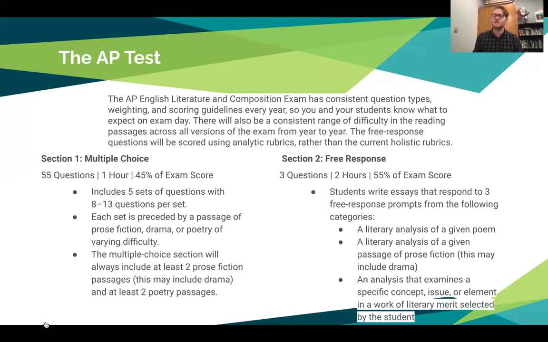Second half of the test is 3 essays that you need to write in 2 hours. And even though the actual prompts are different, they kind of follow the same structure. There will be a literary analysis of a poem that they give you and that you'll have to write a response to. They will give you a passage of prose fiction, either drama or a short story or a novel, and you'll have to write a response interpreting that piece of fiction.